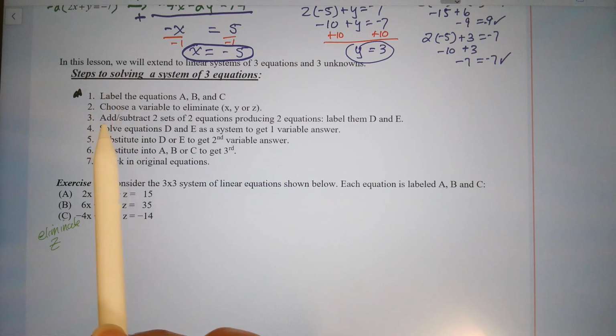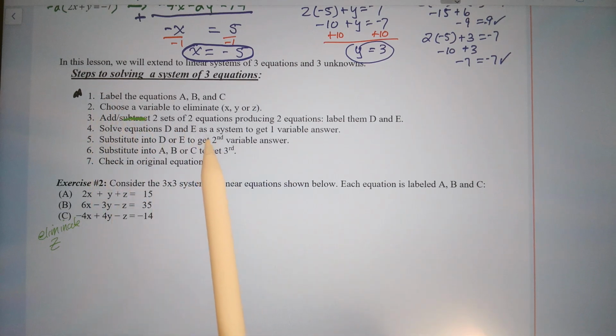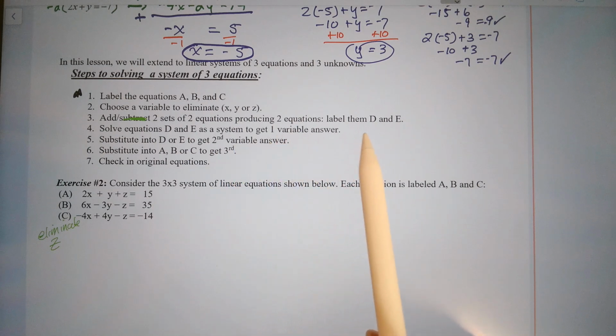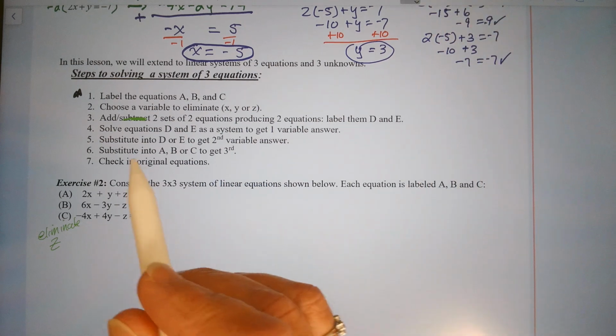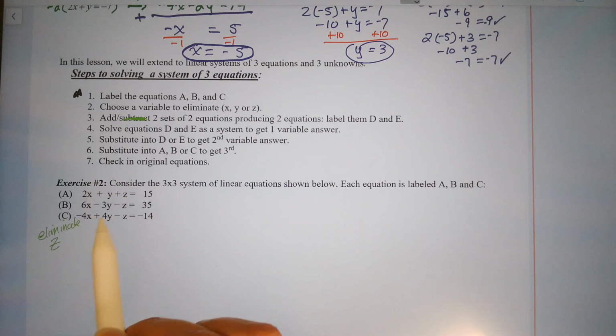I always add two sets of two equations, producing two equations, labeling them D and E. So I'm going to start with A and B, because in A and B, our z's are already opposite.